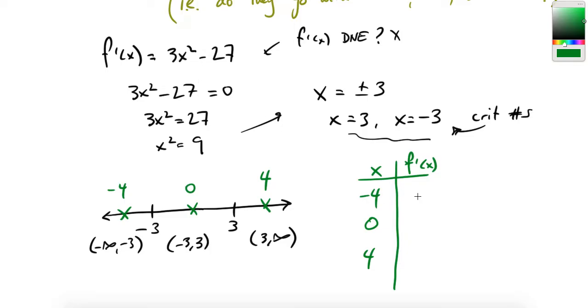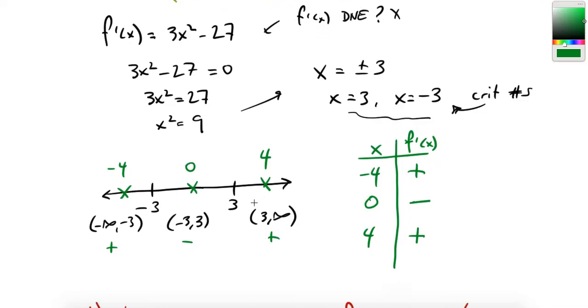So that's positive. If I plug in 0, that's going to give me negative 27. So negative. And positive 4 is going to give me back the same as negative 4, because this thing's symmetric. So it's positive on this interval, negative on this interval, positive on this interval.